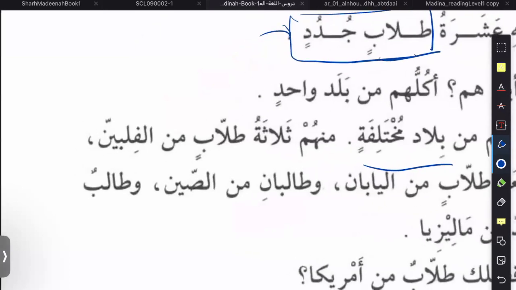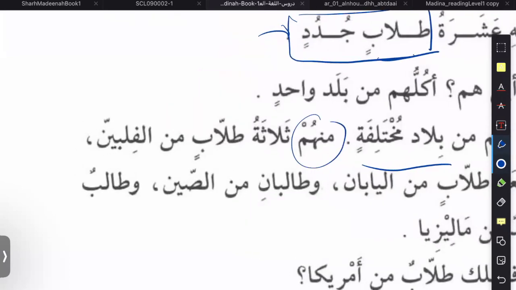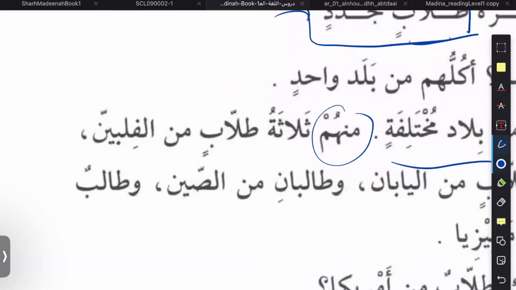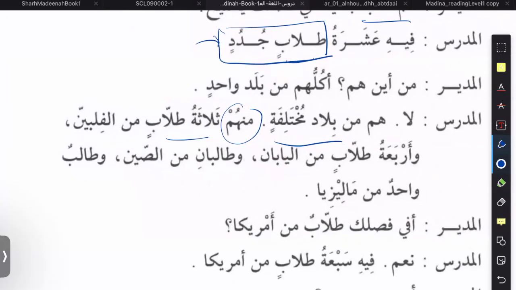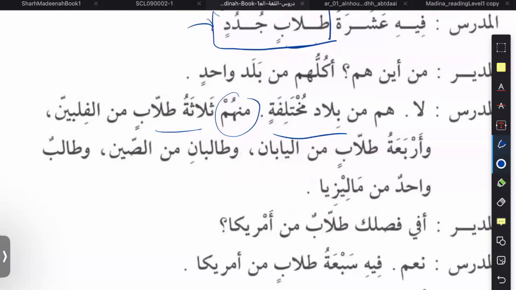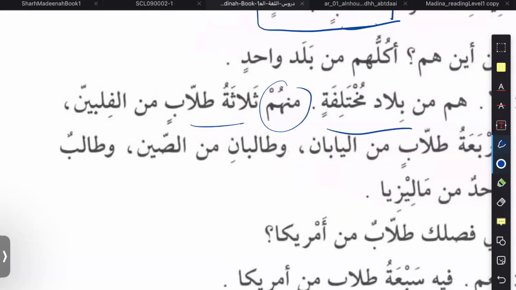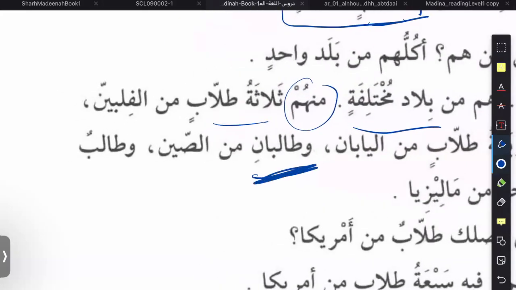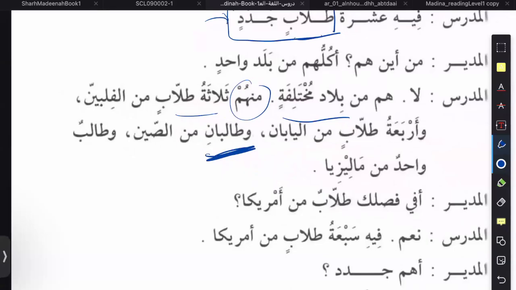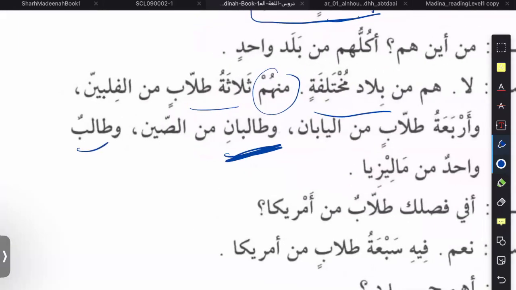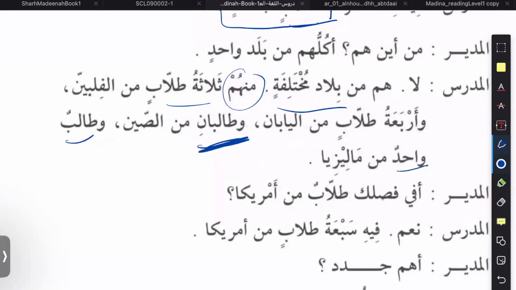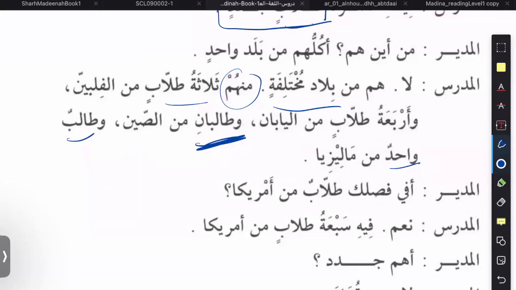Bilad mukhtalifa, minhum, among them, thalathatu tullabin, 3 students, min Philippines, from the Philippines, wa arbatu tullabin min al-Yaban, wa talibani, 2 students, min al-Sin, from China, wa talibun wahidun min Malaysia, 1 student from Malaysia.